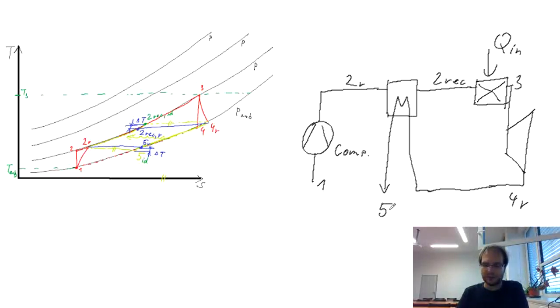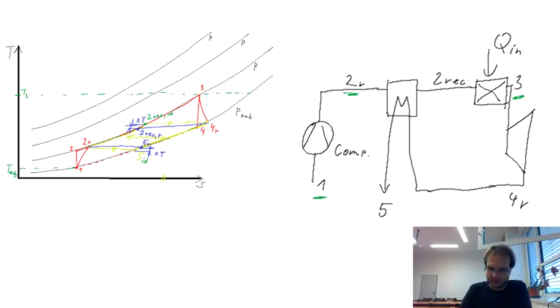Now what will change in our calculations? So the point number 3 still stays the same, nothing happens to the firing temperature. Point number 1, ambient temperature, ambient pressure also stays the same, nothing changed to the compressor, so point 2 also will remain as it was.